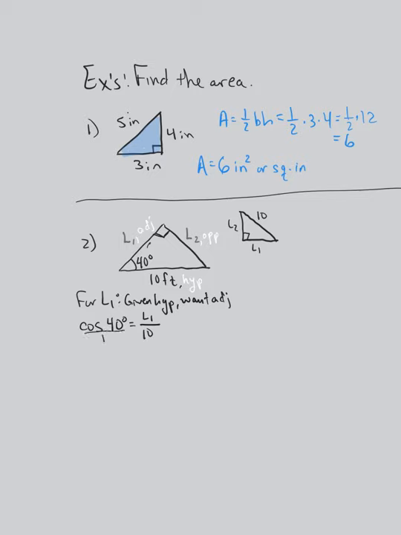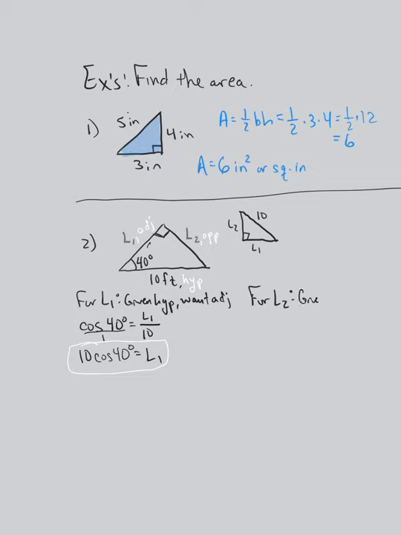Okay, equate my cross product, so I'll get 10 cosine of 40 degrees is equal to L1 times 1, so it's L1. Now don't worry about getting the decimal for that right now. Let's just keep that in exact form. We'll go to the decimal once we calculate the answer. All right, and then for L2 then, what are we given?